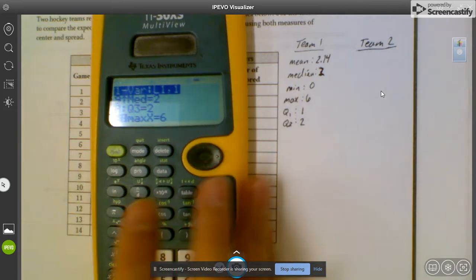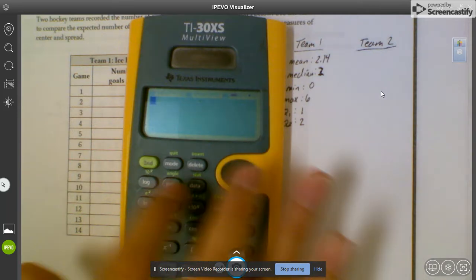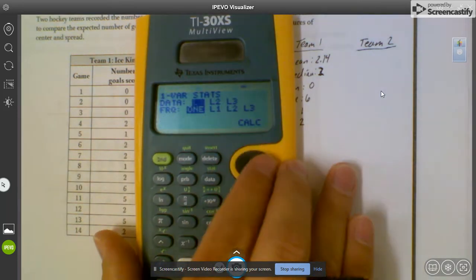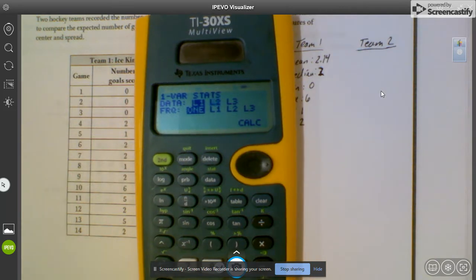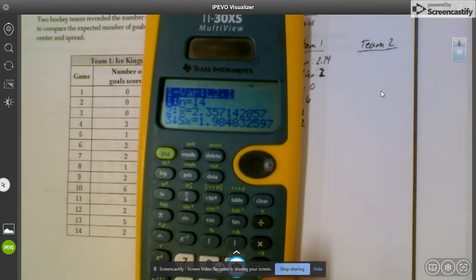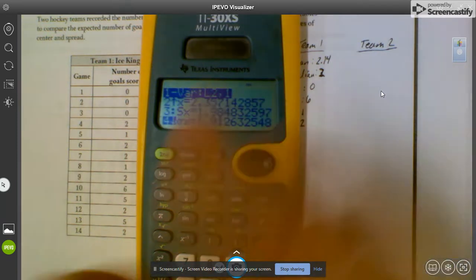Okay. So the next thing I want to do is go back and do the same thing for the second data set. So second stat, 1 variable, and all I'm going to do is go over to L2. Go to calc, and we're going to do the same thing. Notice all the numbers changed because it's a different set of data.